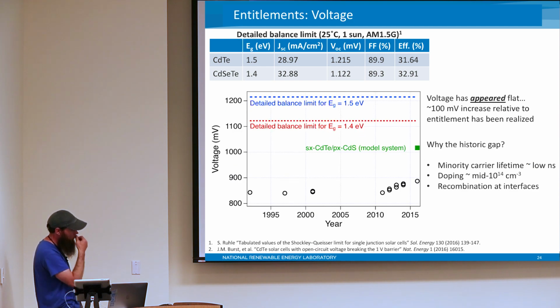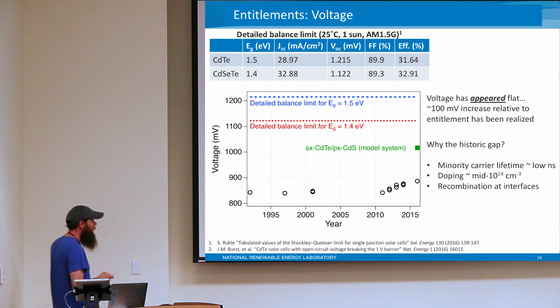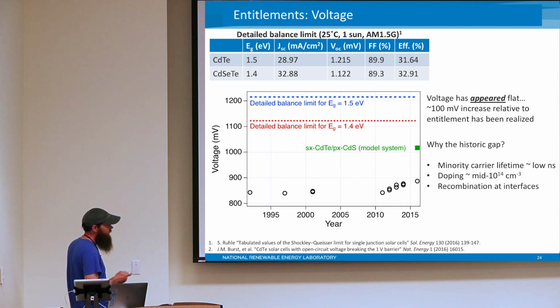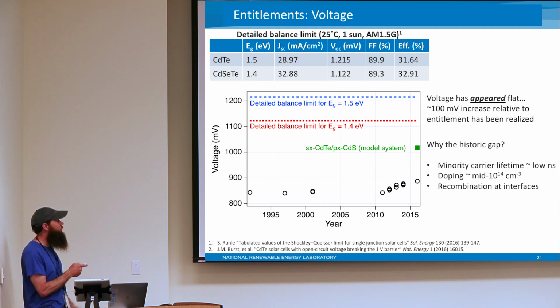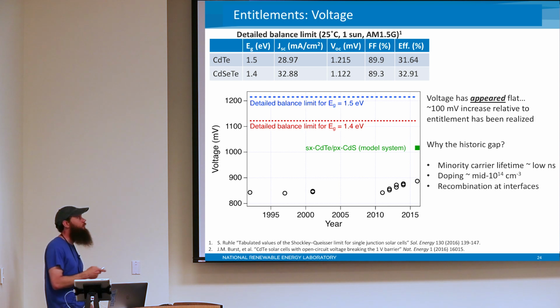But clearly we should be able to get fairly high voltages. So now let's look at where we are entitlement-wise. It looks like things weren't really moving very much. There's a little bit of an uptick, but it doesn't look very impressive at all. Because the detailed balance limit for cadmium telluride, remember, is 1.5 eV, it's this higher line because we inverted between current and voltage.